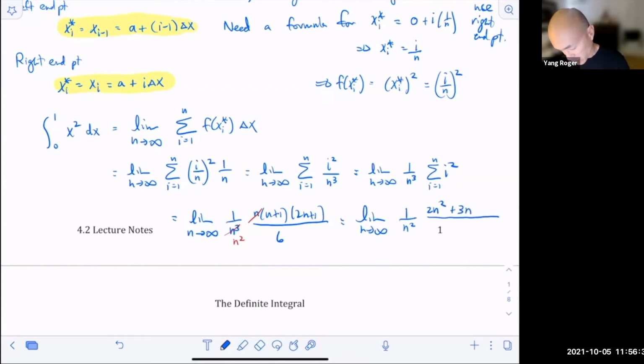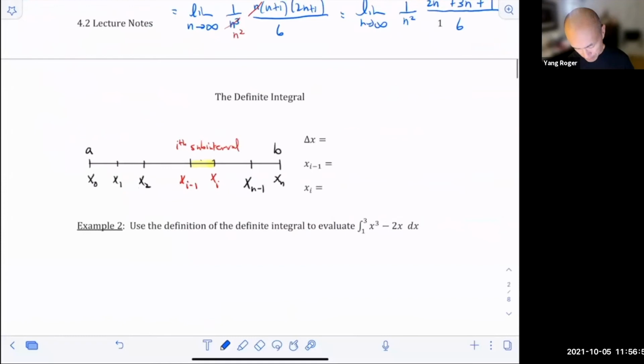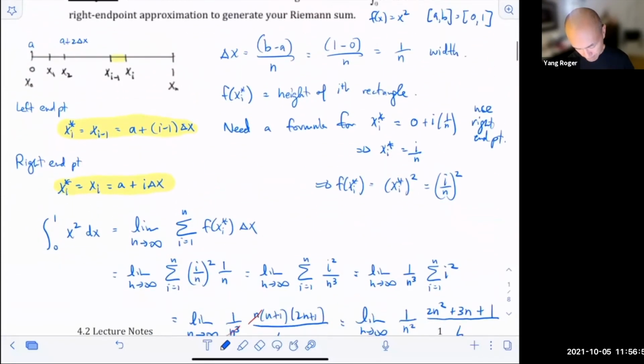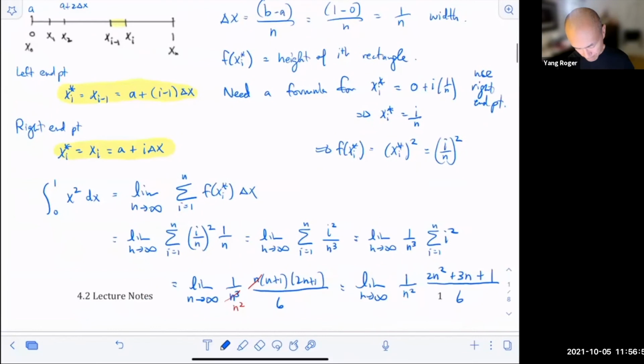And then 1 times 1, the last is going to be 1. This is all over 6. So somehow I ran out of room. Guess I'll just move everything over.